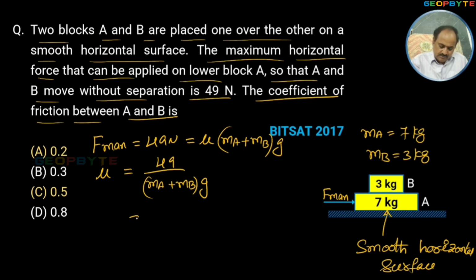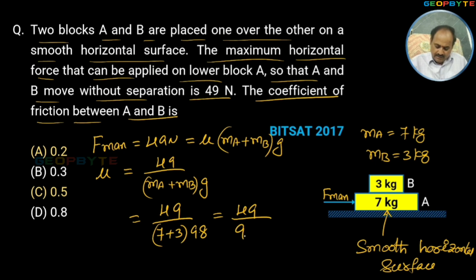Let us substitute the values. 49 divided by (7 plus 3) into G, 9.8. Then it is equal to 49 divided by 7 plus 3, 10, 10 into 9.8. 49 by 98 equals 1 by 2. 1 by 2 equals 0.5. That is the coefficient of friction between the block A and block B.